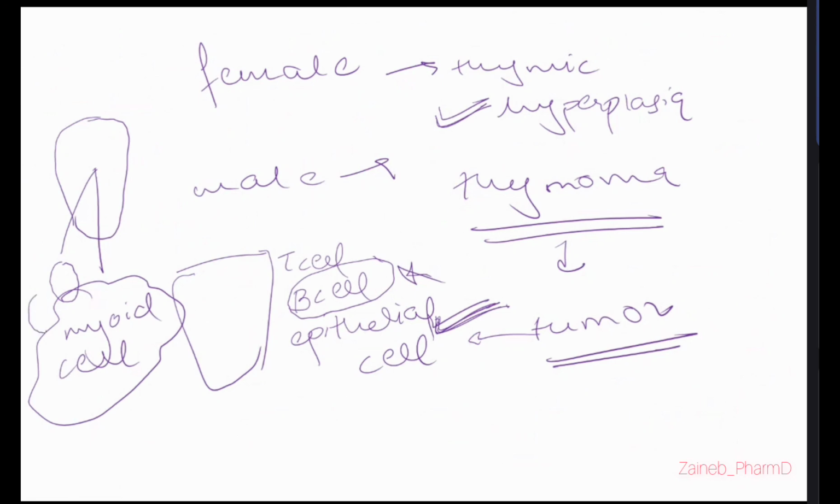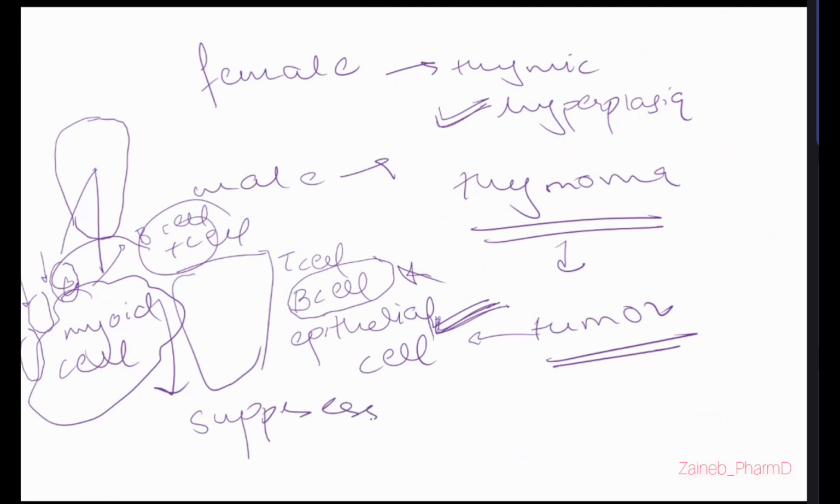Also, they express the cholinergic receptor on their surface. In a healthy individual, when this myoid cell is exposed to the B cell and the T cell, and if these cells interact with these proteins, they are immediately suppressed and they are killed.